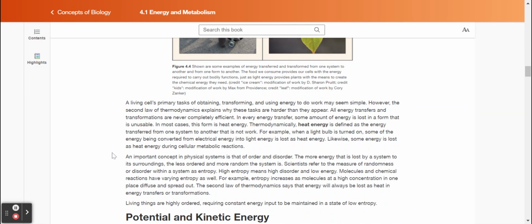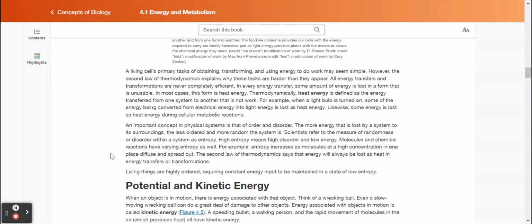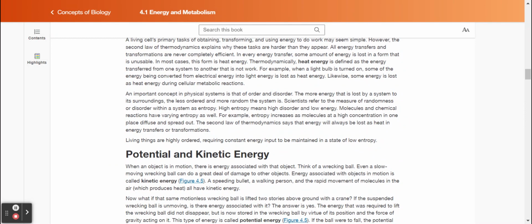A living cell's primary tasks of obtaining, transforming, and using energy to do work may seem simple. However, the second law of thermodynamics explains why these tasks are harder than they appear. All energy transfers and transformations are never completely efficient. In every energy transfer, some amount of energy is lost in a form that is unusable. In most cases, this form is heat energy.